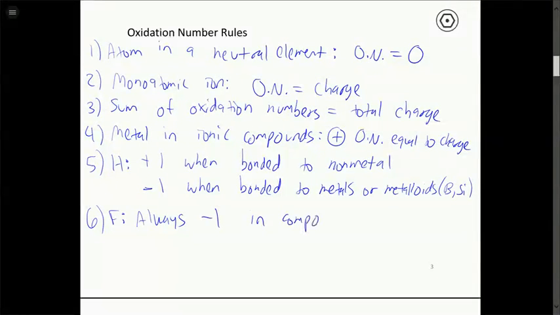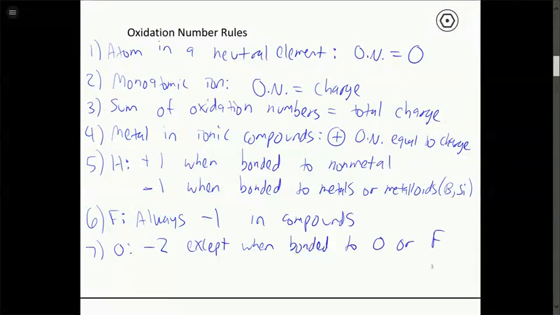Like I said, fluorine by itself, F2, would still be 0 because it's an element, but if it's bonded to anything else, it's going to have a -1 oxidation number, so look for that one. Another one that's almost always true is oxygen, which is typically -2, except when it's bonded to itself or to fluorine.